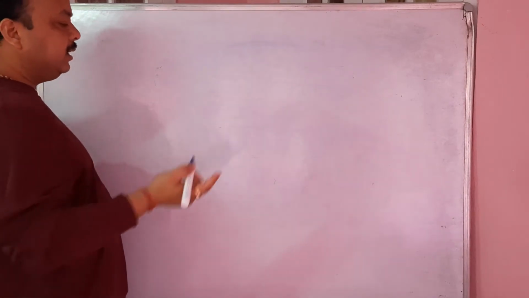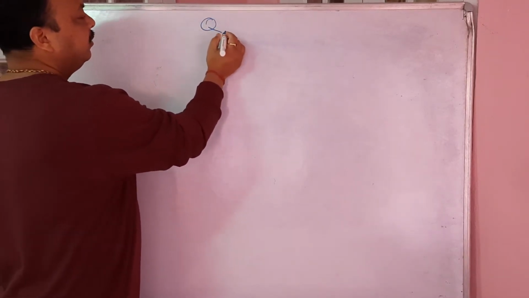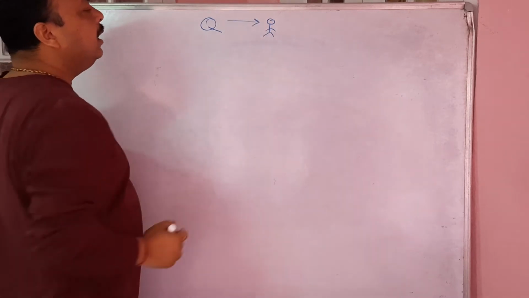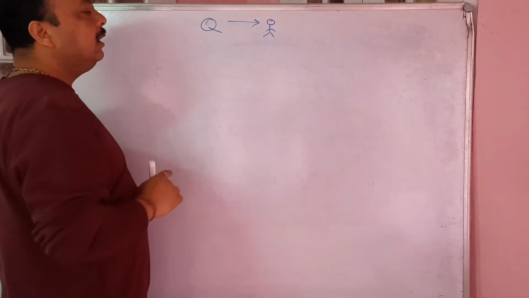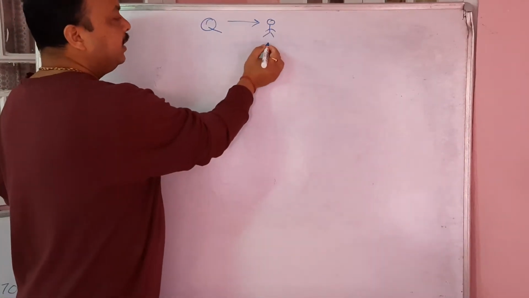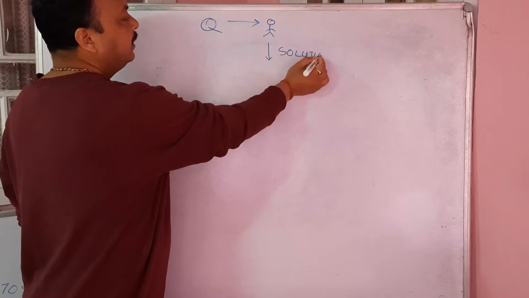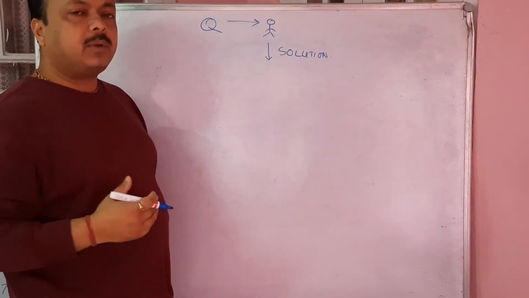See, whenever a question is given to you, the first thing you should do is read that question repeatedly. Once you read the question repeatedly, then you decide whether the solution will have some steps, because we are not going to solve a very difficult problem initially.